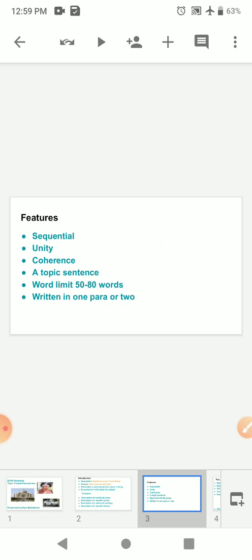So coming to the first one, sequential. It has to be sequential. While writing the factual description, you have to keep in mind that you write the points in sequence, one after the other. There should be a proper sense. You start with a general description and then move to specific details.